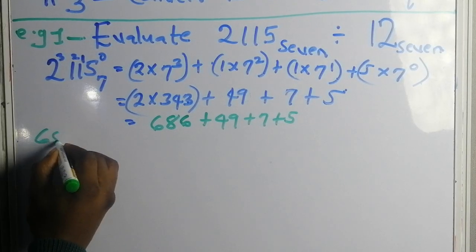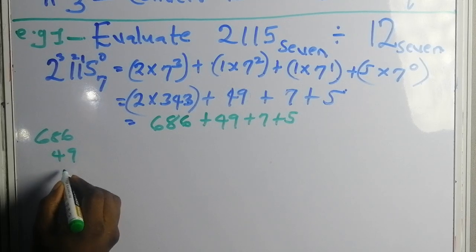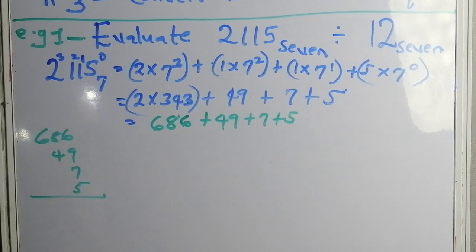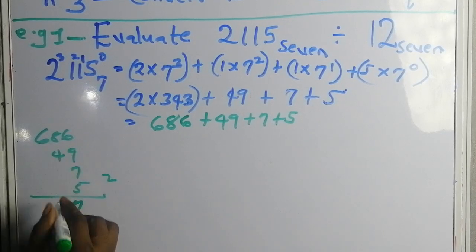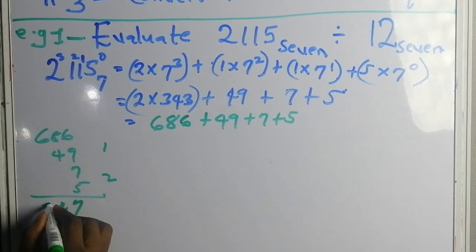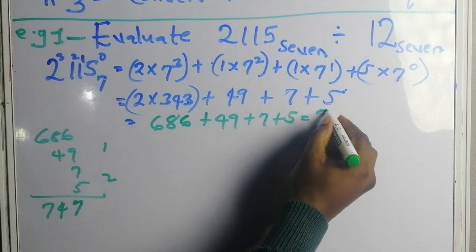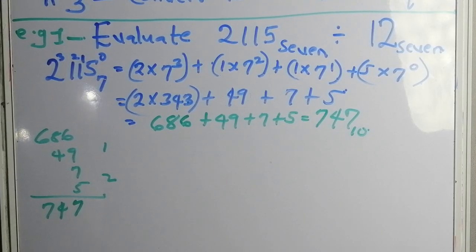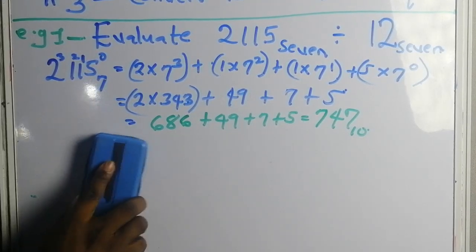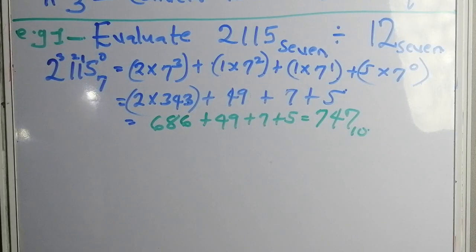We can quickly do the addition: 686 plus 49 is 735, 735 plus 7 is 742, 742 plus 5 is 747. So this is 747 in base 10. That is the first one.